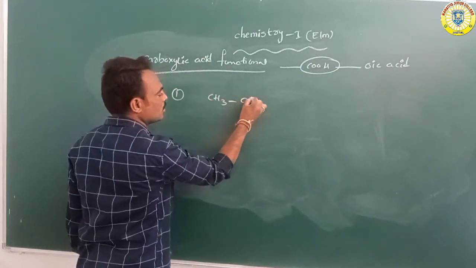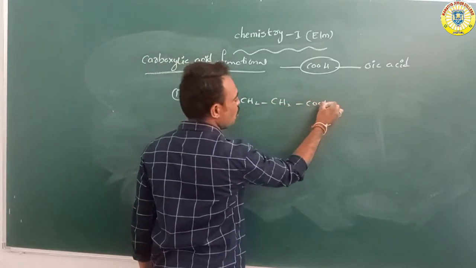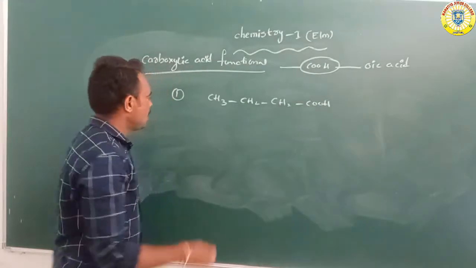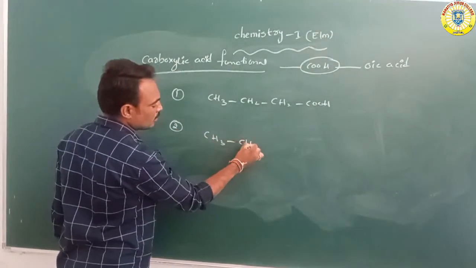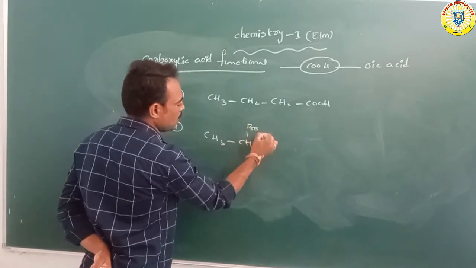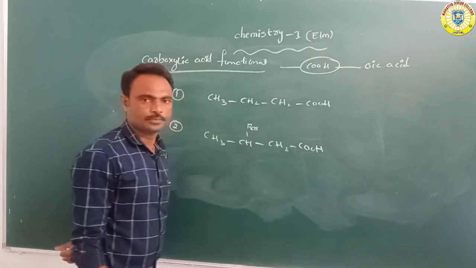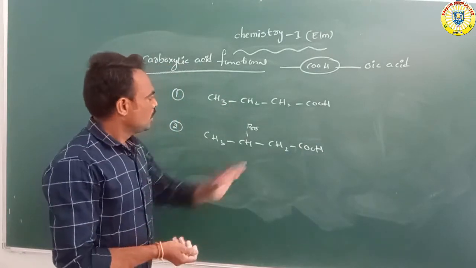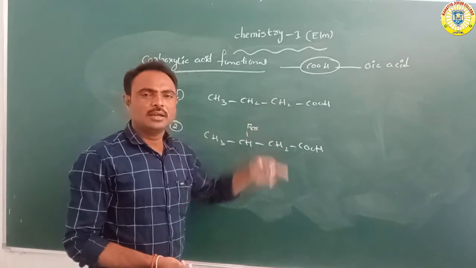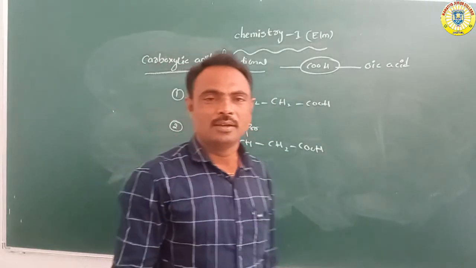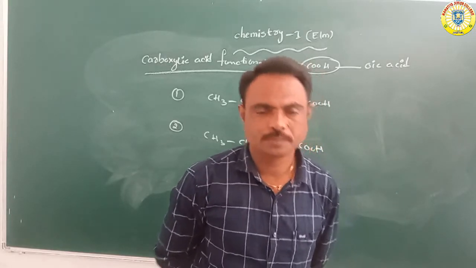Suppose for example, CH3, CH2, CH2, COOH. And the second one, CH3, CH, Br, CH2, COOH. In this example, it is attached with the carboxylic functional group, COOH.